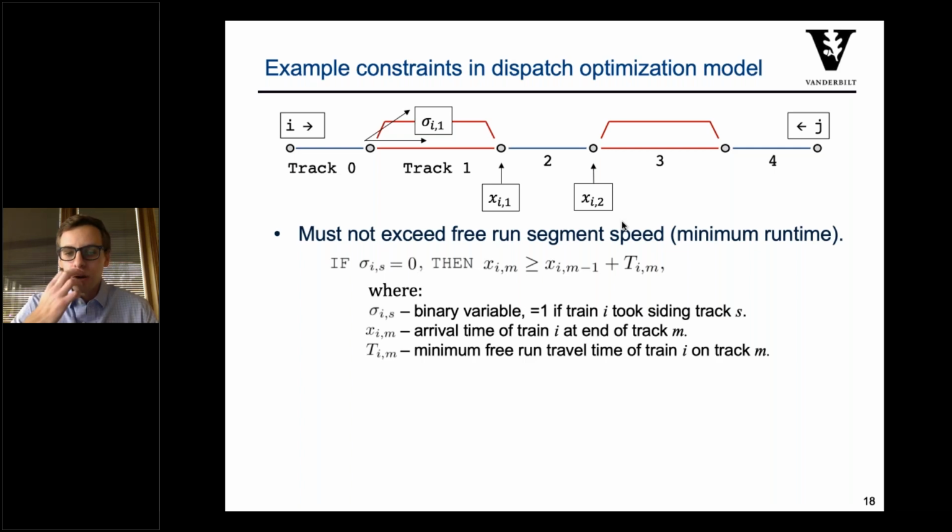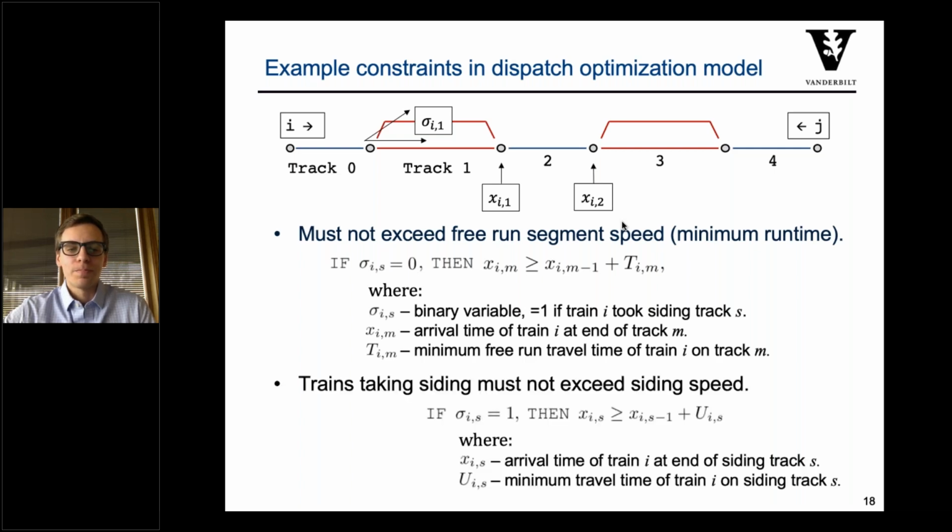So if that is 0, then we will subject the timing points of train I such that the traversal time of train I over a track segment is no more than t minutes. This is just a way of encoding the free run travel time of the train and the timing points of the train across that track.